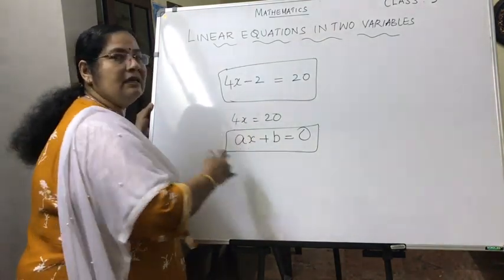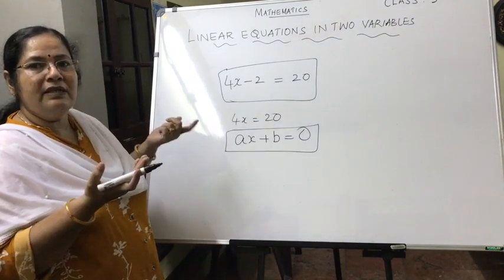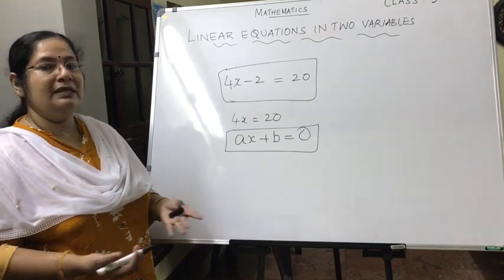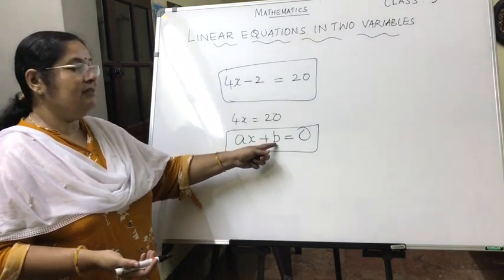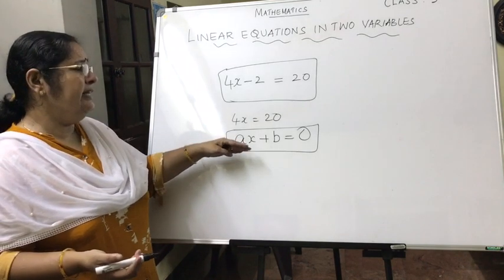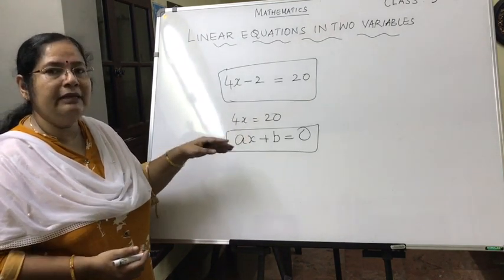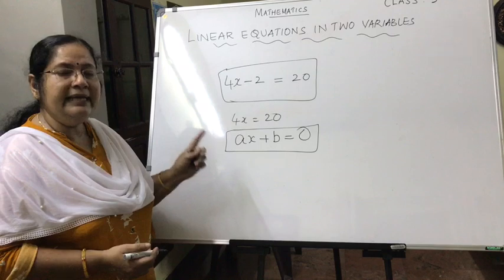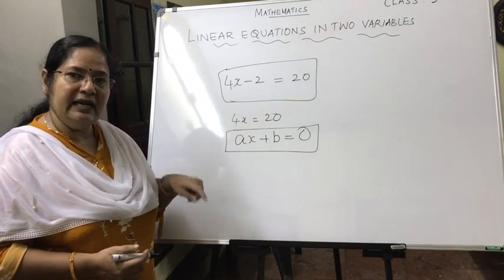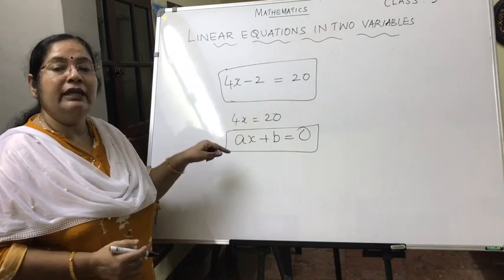The entire term vanishes. Now what is left? b equal to 0. A constant equal to 0. Does it give any meaning? Unless this constant is 0, there is no meaning for that. So the general form for a linear equation in one variable is ax plus b equal to 0, where a and b are real numbers and a not equal to 0.